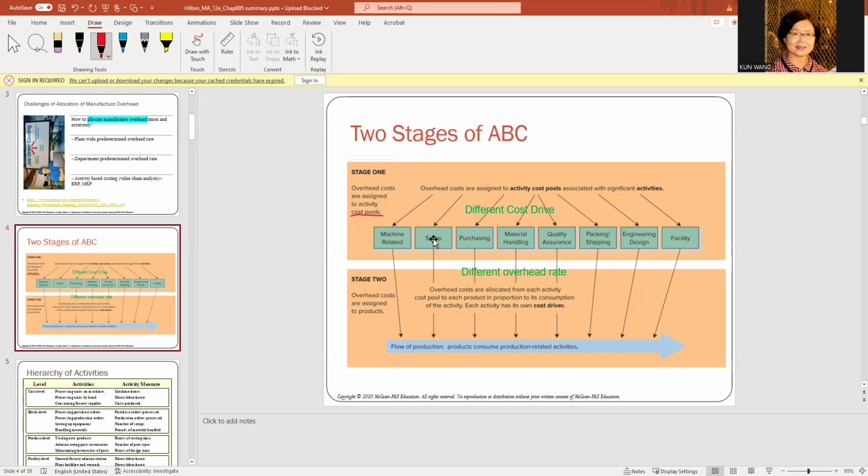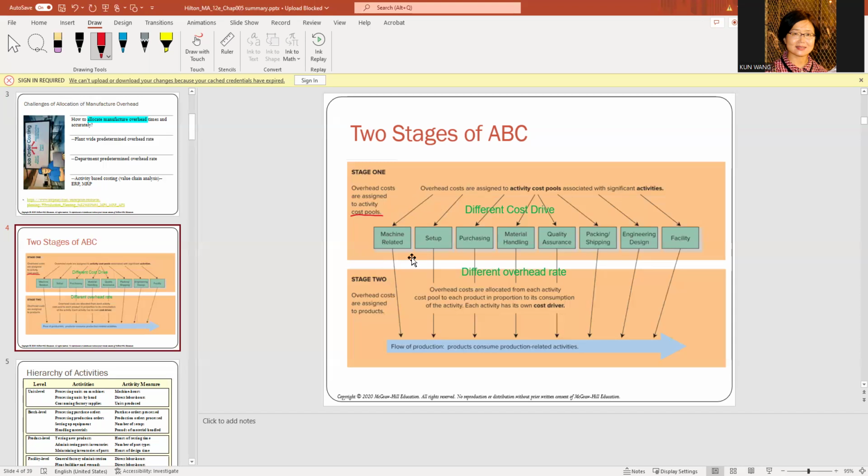Under each cost pool, we'll identify one unique cost driver for this type of cost. For example, the machinery-related cost, maintenance or depreciation or some other machinery-related expenses. The most relevant cost driver may be the operating hours of the machine or equipment.